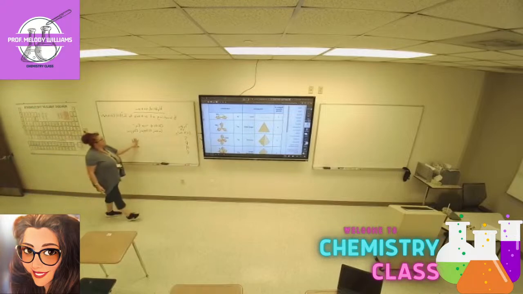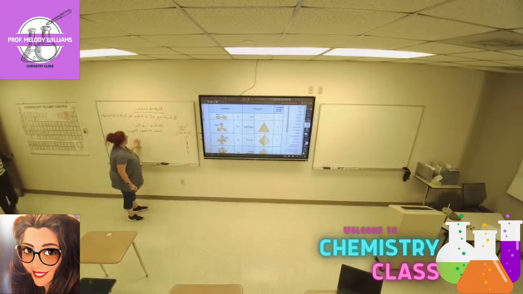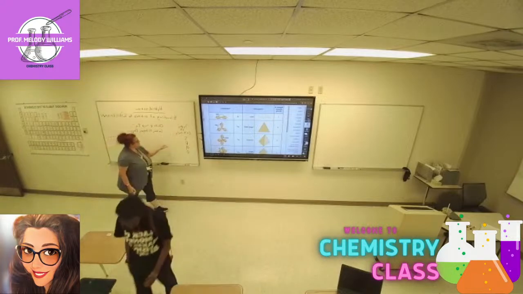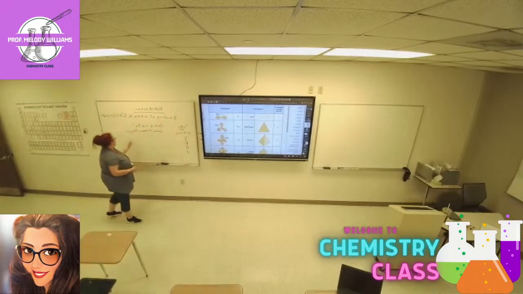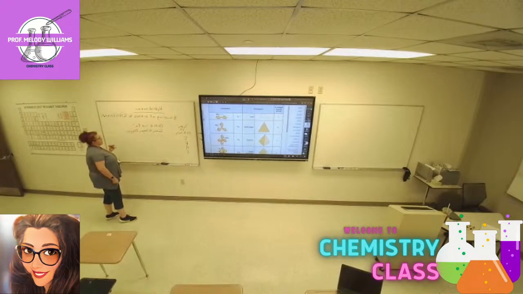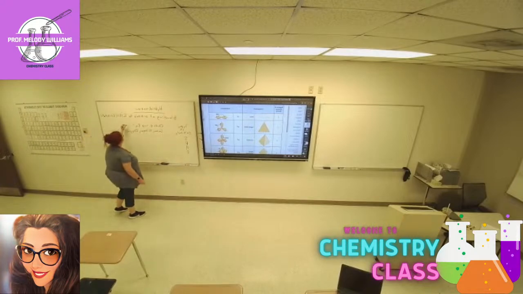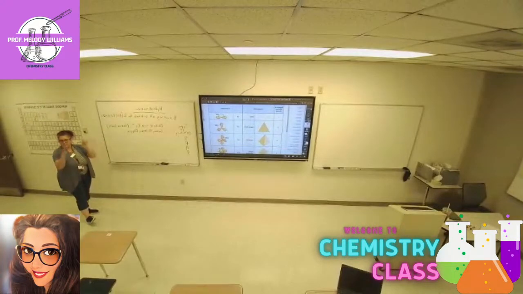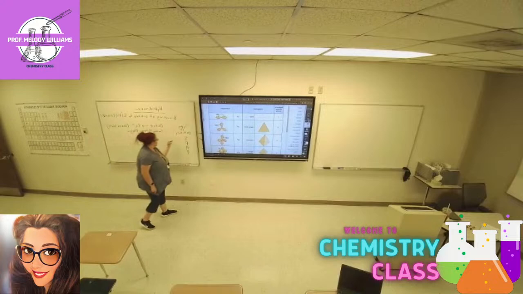So in terms of which orbitals blend, it has to do with those valence electrons. So we're looking at valence shells. Those electrons that are on the outside, right? Valence electrons. So s orbitals can only hold 2 electrons.